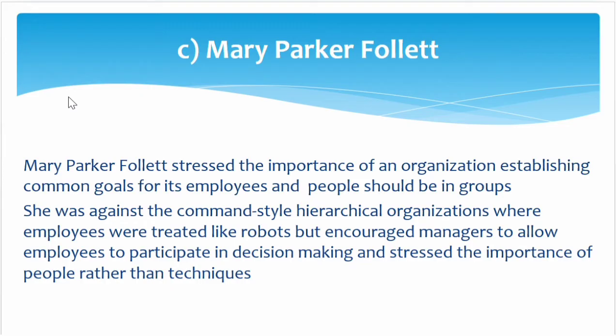And she brought about the idea of managers being allowed to encourage employees to participate in decision making of the company. She also brought about the idea of how employees should be organized, and encouraged people working in groups. That's as per Mary Follett.